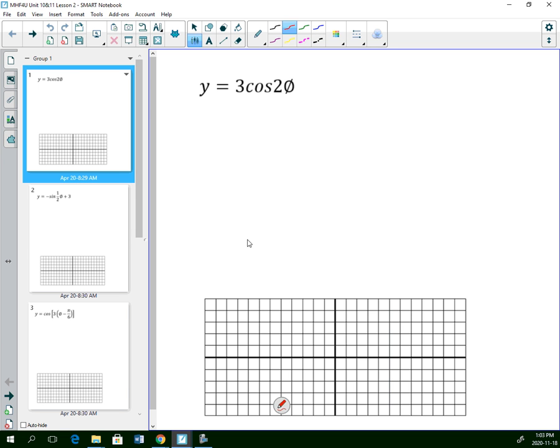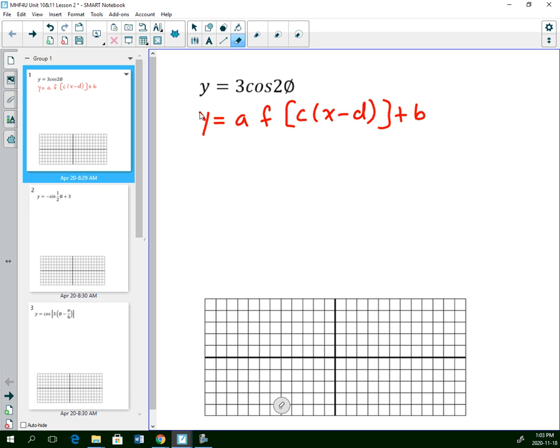So if you remember your transformations starting in grade 10, this is the general equation for transformations. Okay, and we talked about this back in Unit 1. Anything outside the brackets is a vertical transformation.